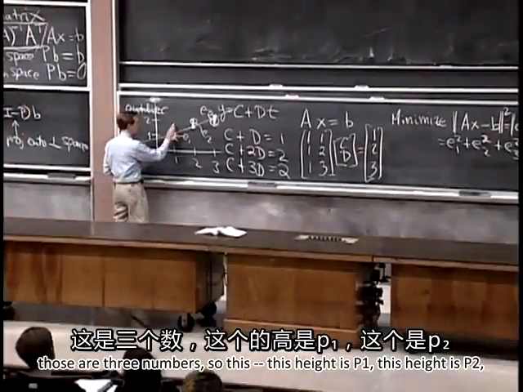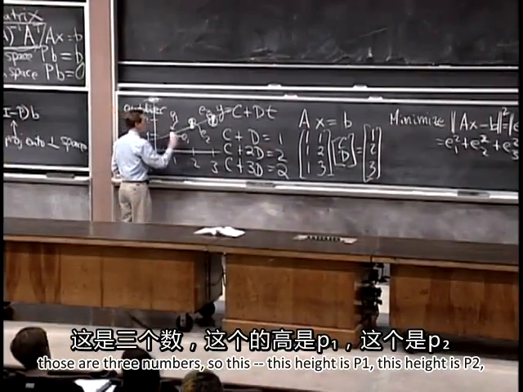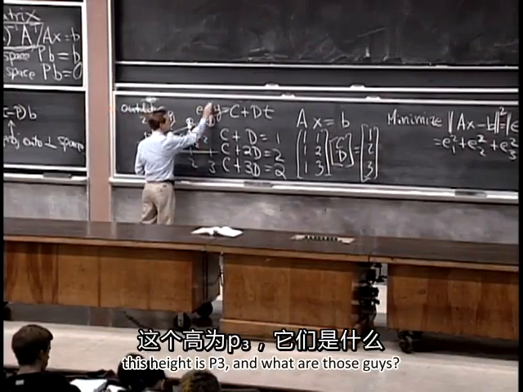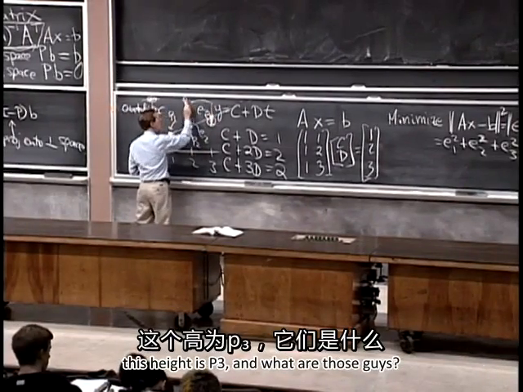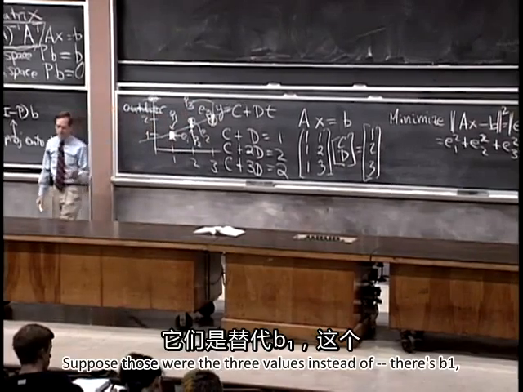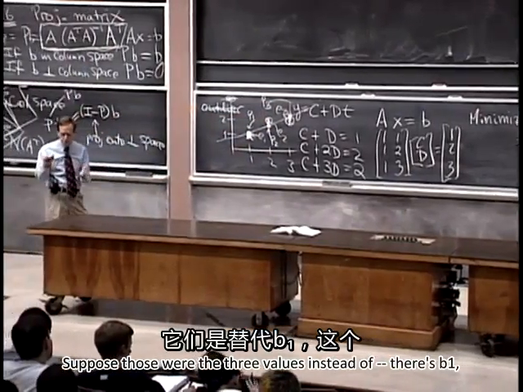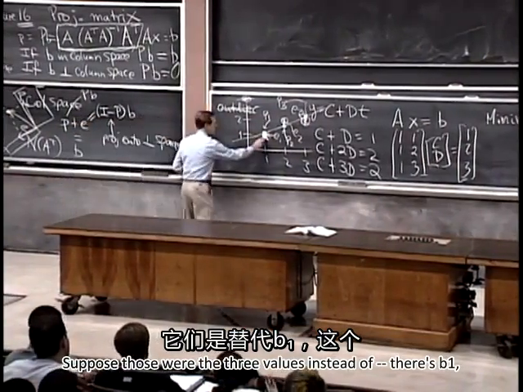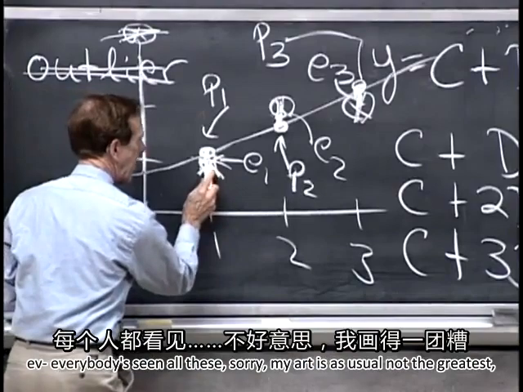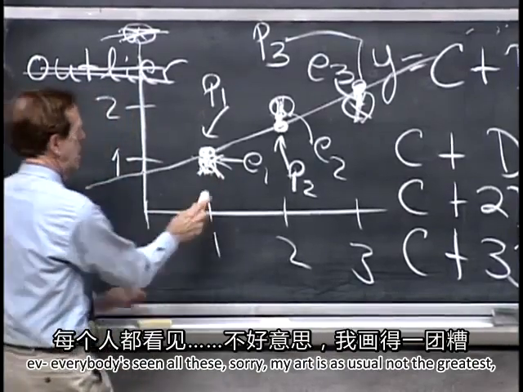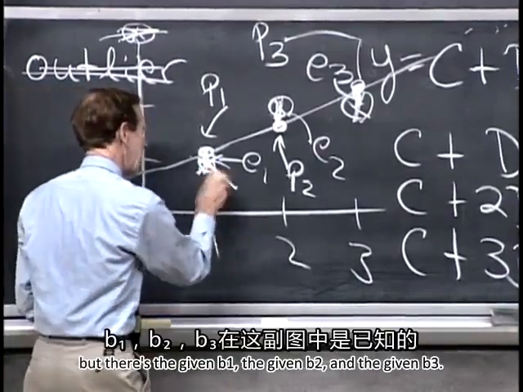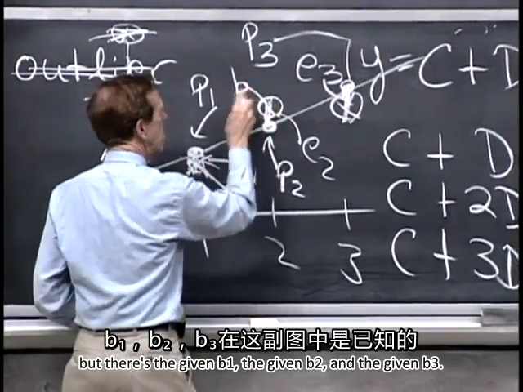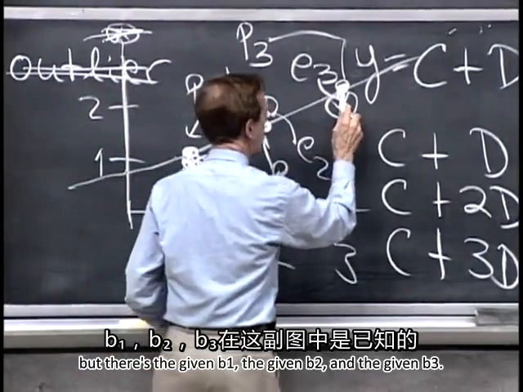So this height is P1, this height is P2, this height is P3. There's the given B1, the given B2, and the given B3.